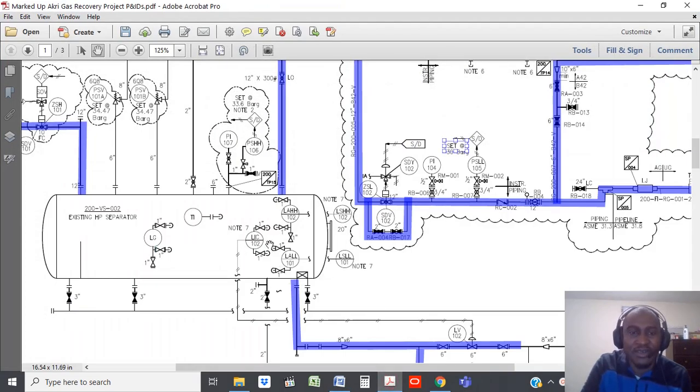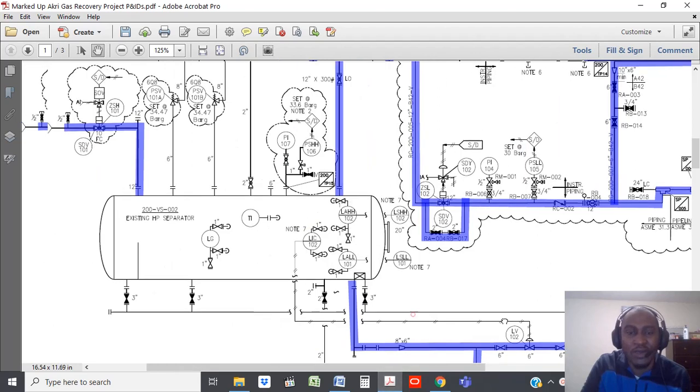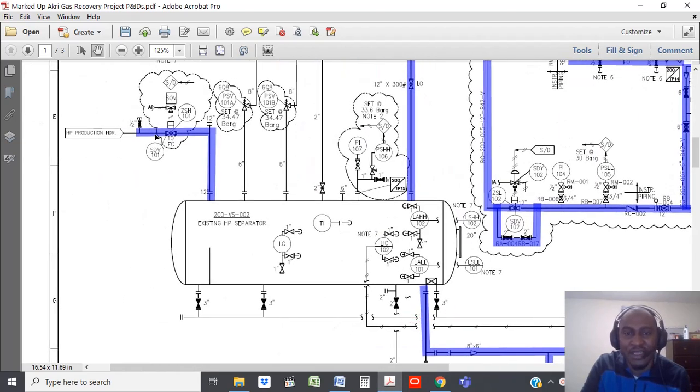If after the level alarm nothing is done and the level keeps increasing, you get to a level trip high, and that would automatically close this SDV. That would be looked at under cause and effects.